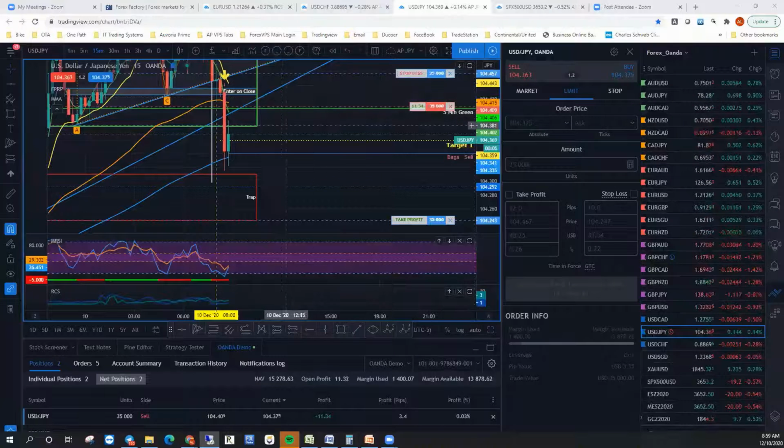And we're almost to the 9 o'clock hour, so we can expect a little bit of move. Well, we already had the movement here in the last 15 minutes.